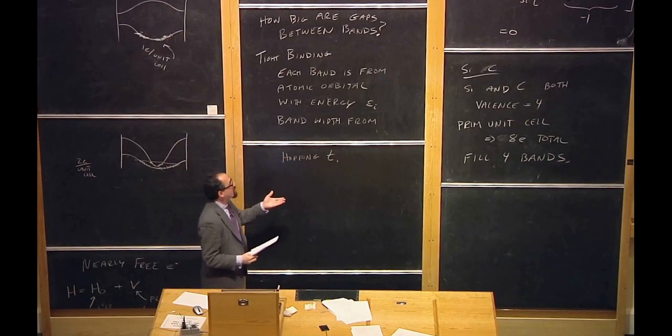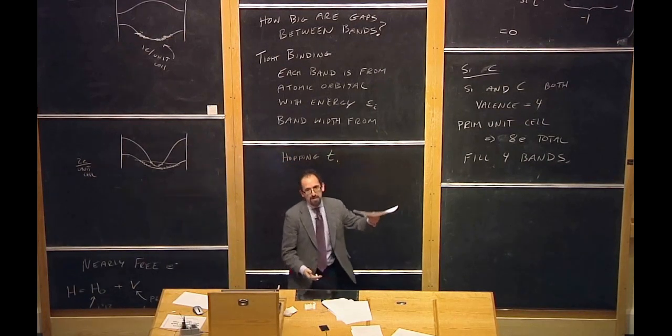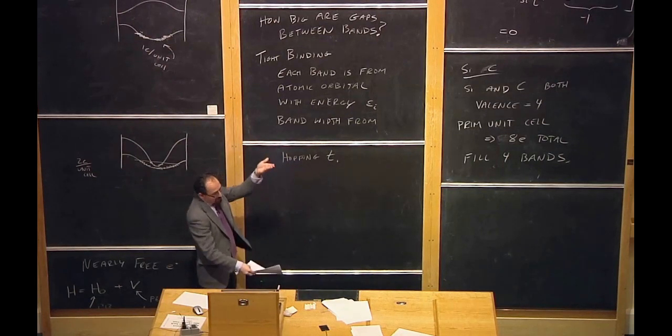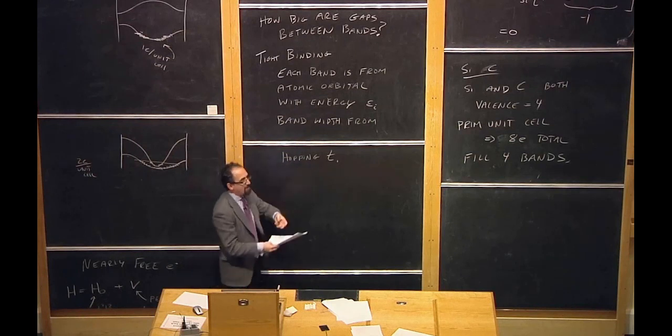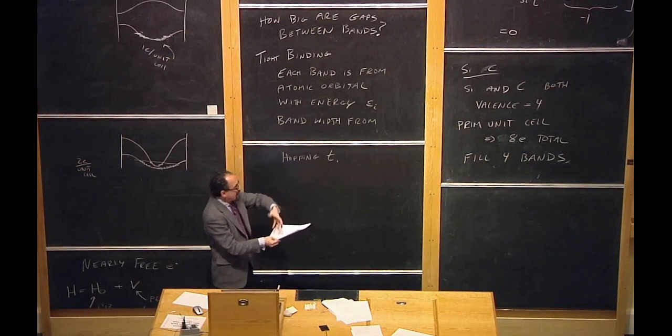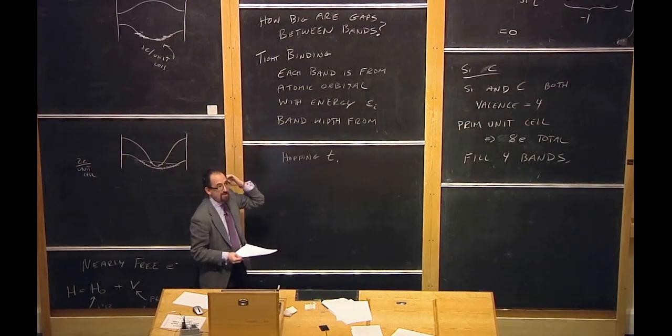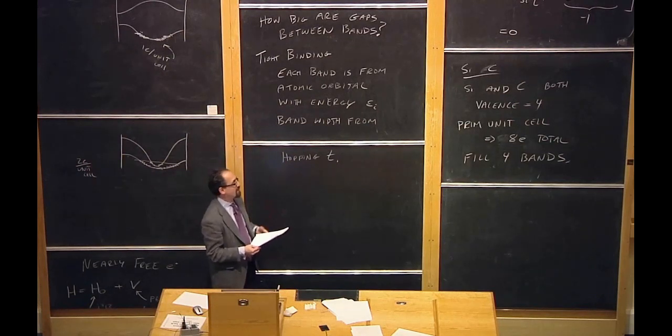If the original atomic orbitals are very well spaced apart from each other and the hopping is small, then the bands don't have a chance to overlap, because they initially start very far apart, and the hopping is what spreads the bands out from a single energy into a band. So if the hopping is small and the energy spacing is large, then the bands won't overlap. So that's one way of understanding it.